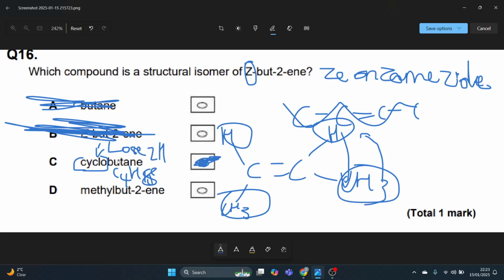And because it's a different format and it's got the same molecular formula as Z-butene, it's going to be a structural isomer of that. And methylbutene, no. So the answer is obviously C.